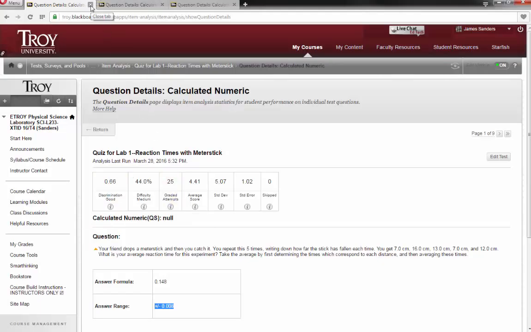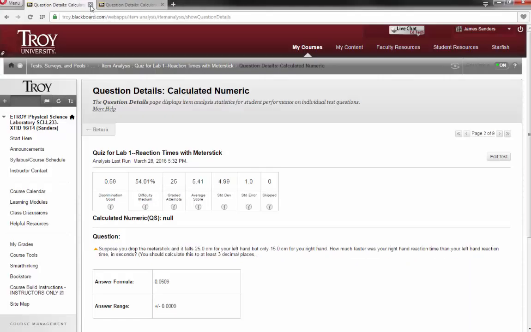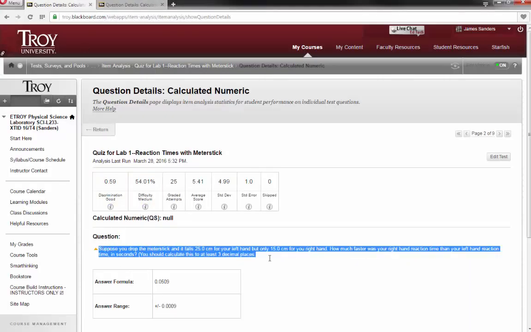So let's look at the next of the questions on here. This next question was, suppose you drop the meter stick and it falls 25 centimeters for your left hand, but only 15 centimeters for your right hand. How much faster was your right hand reaction time than your left hand reaction time in seconds? And calculate this to at least 3 decimal places.